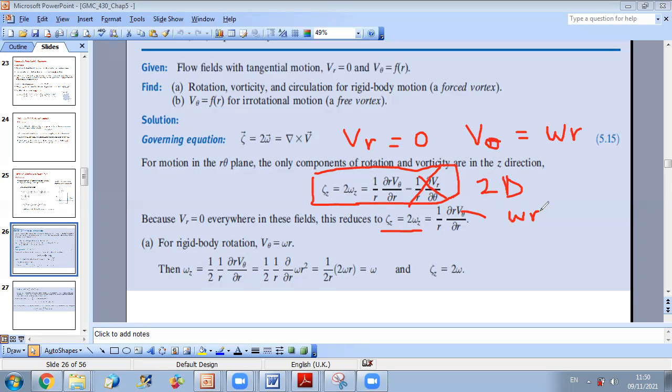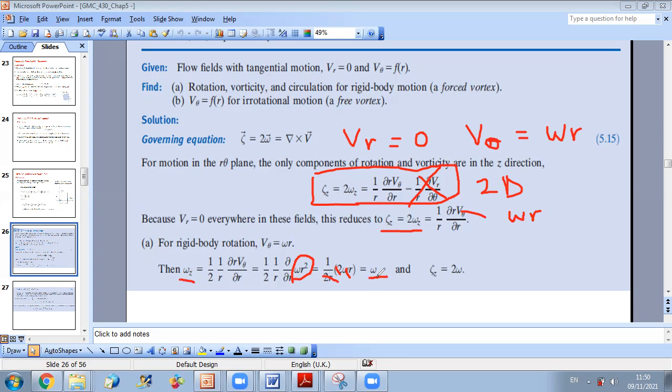So I will get that omega_z is 1/2 times 1 over r ∂/∂r of omega r squared. And we know that the derivative of omega r squared with respect to r is 2 omega r. So we get 2 omega r over 2r. The 2r will simplify, so we end up with omega_z equal to omega.